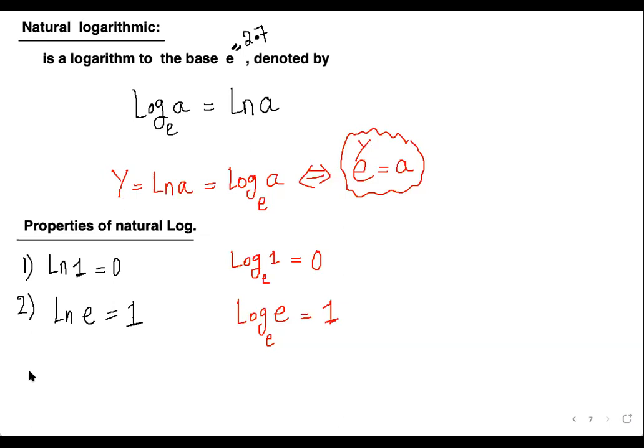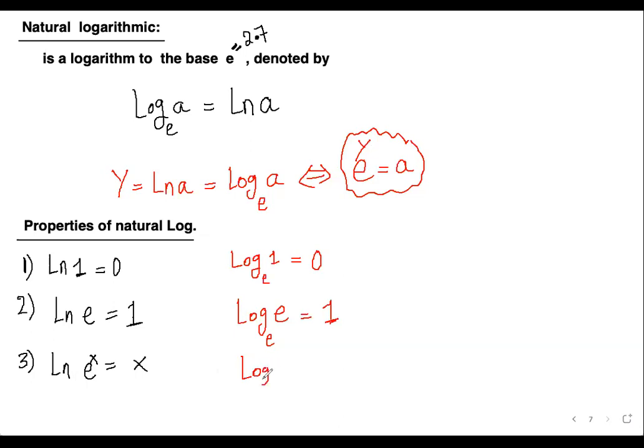Now property number 3. Property number 3 says ln of e to the power x is equal to what? x. The same thing as before, I change the ln to the logarithm.